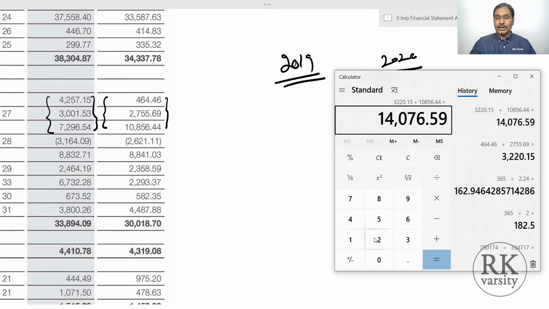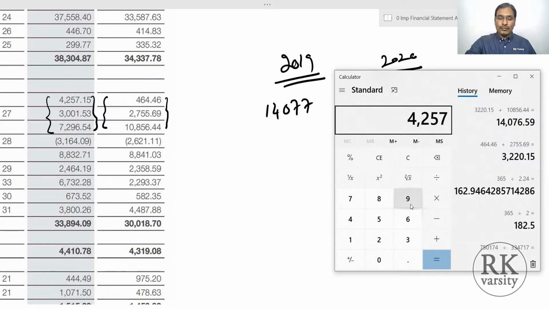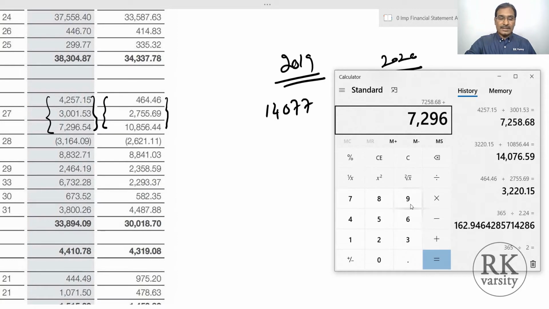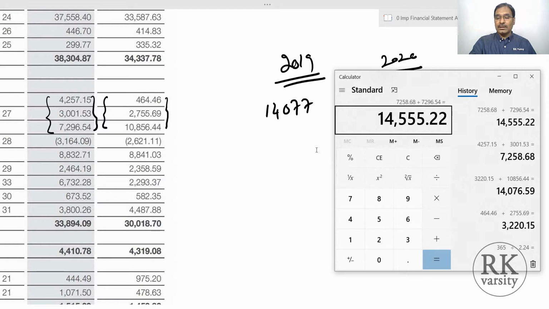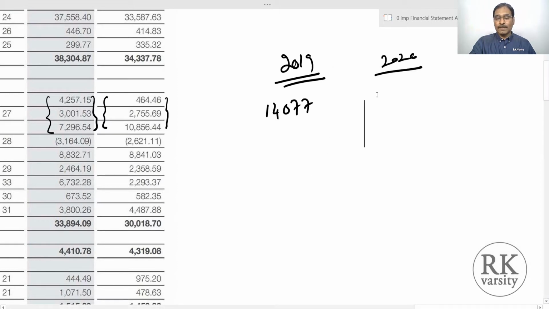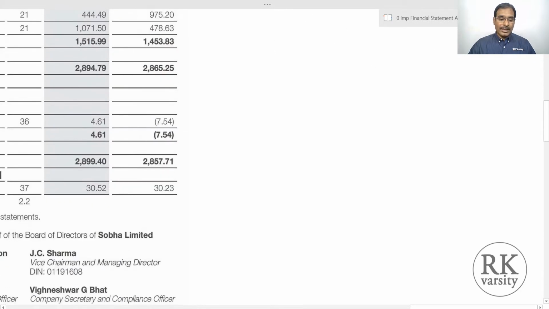So 14077 we can take 14077, and then 4257.15 plus 3001.53 plus 7296.54. So 14555. So these are your net credit purchases.